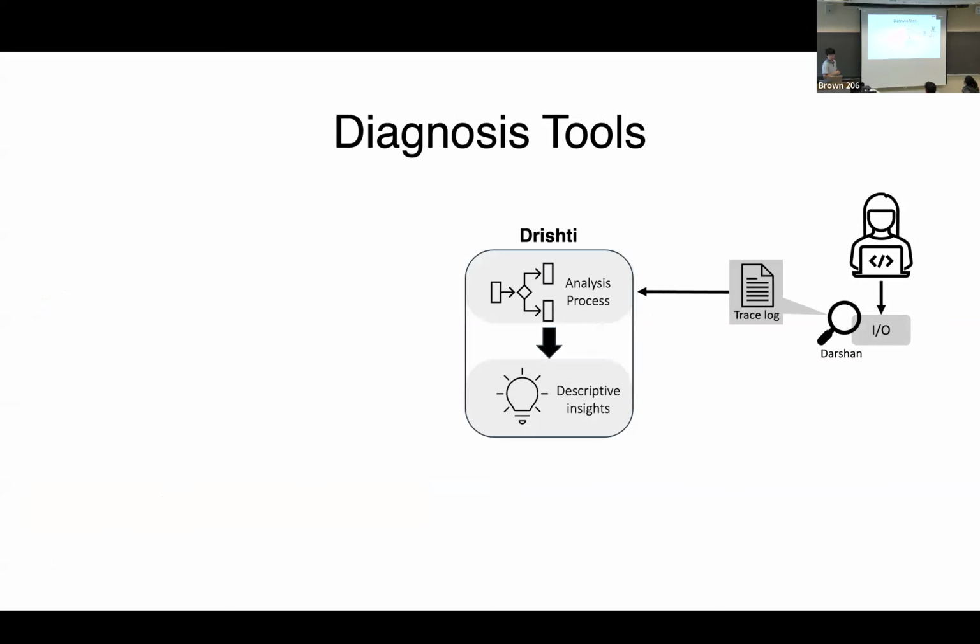Another tool we mentioned here is called Drishti, which was developed to help in this scenario. The IO operations and the trace file created by the user will go through some analytic processes and provide some descriptive insight. Drishti is a tool that essentially takes the trace as input and tries to give some very high level recommendations.